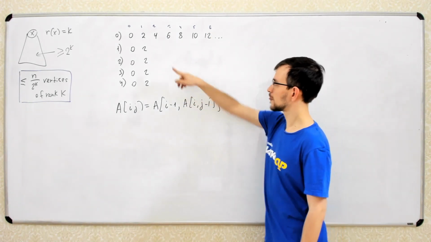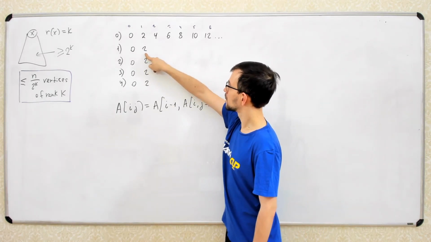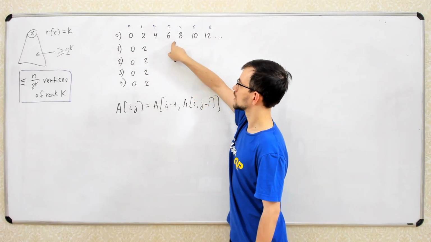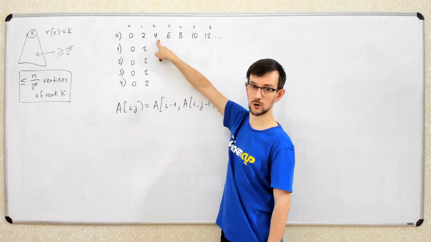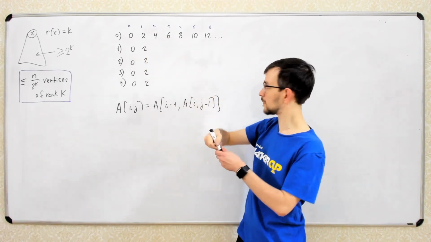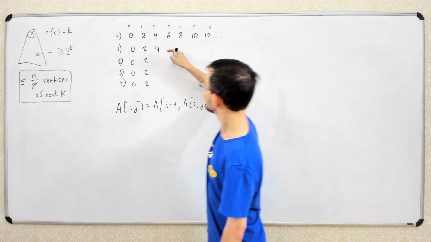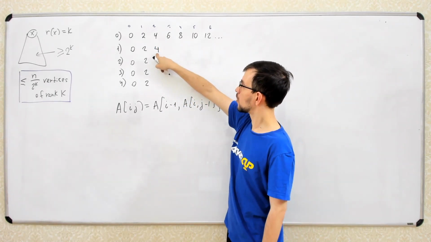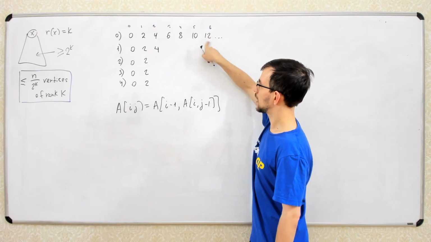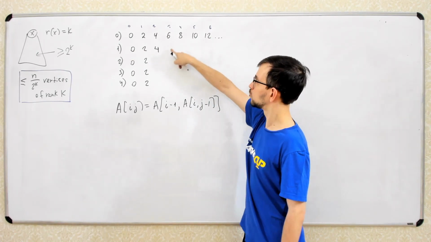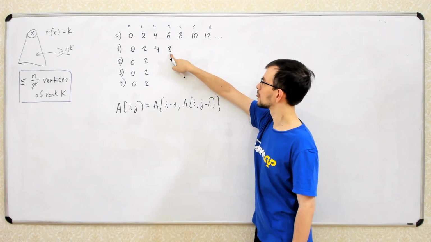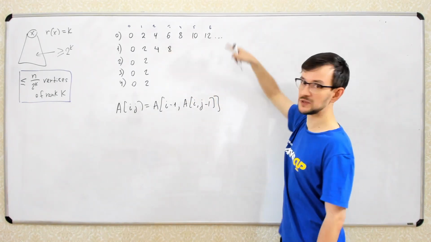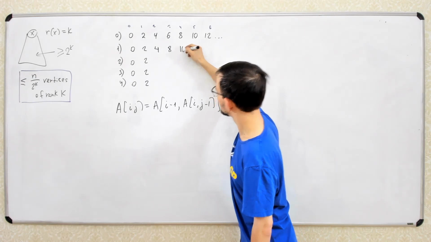Very simple formula. We take this number, find in the previous sequence the element of this index, so it will be index 2, so it's 4, and put this 4 here. Here we take 4, find in this sequence the element of index 4, and put this here. Now again, we take this 8, find the element of index 8, it will be 16, and so on.